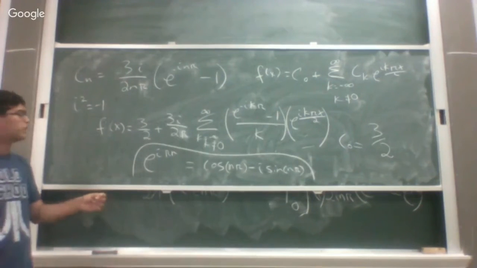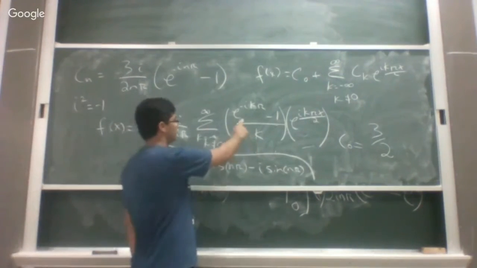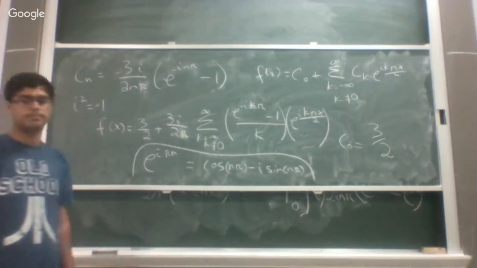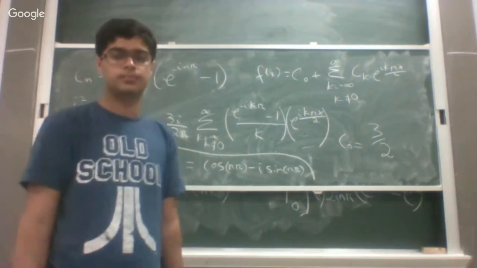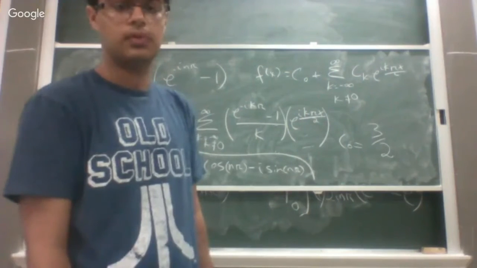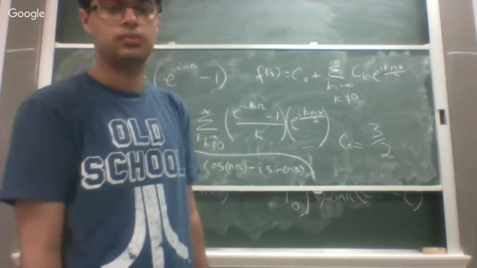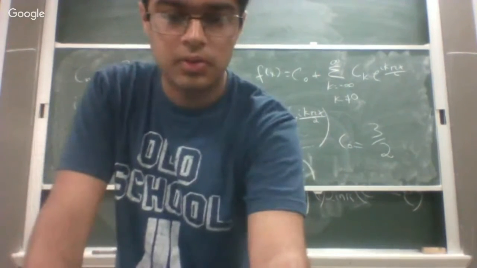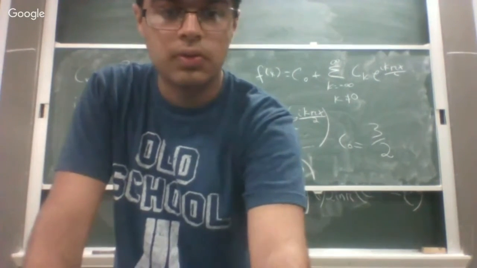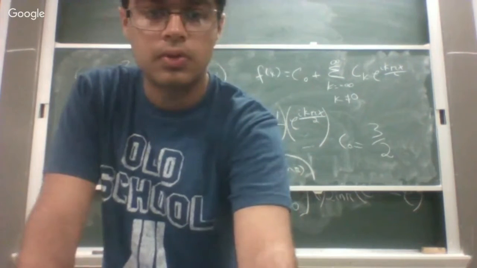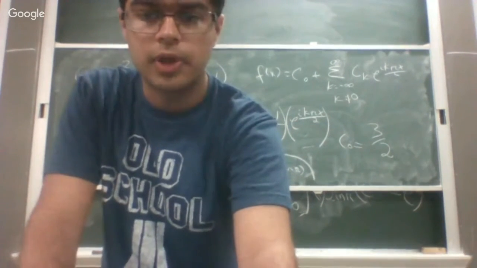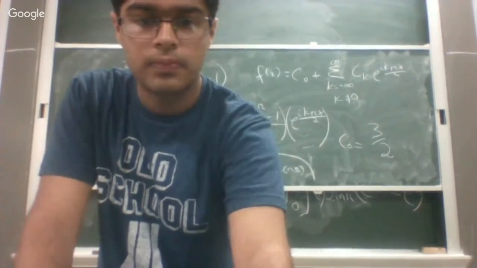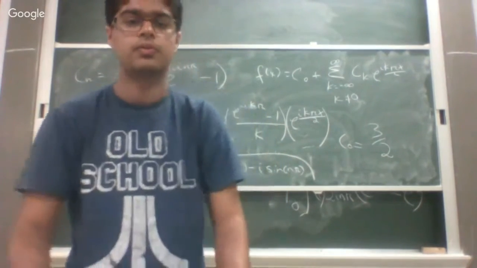So in order to simplify this, we need to make these substitutions. Is it e to the negative i n pi? E to the i theta is cosine theta plus i sine theta.